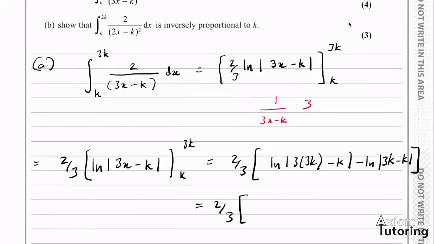So that's 2 over 3. And then inside our first ln, we have 3 times 3k, that's 9k, minus k. So that's going to just be ln of 8k, minus ln of 3k minus k, that's just ln of 2k.